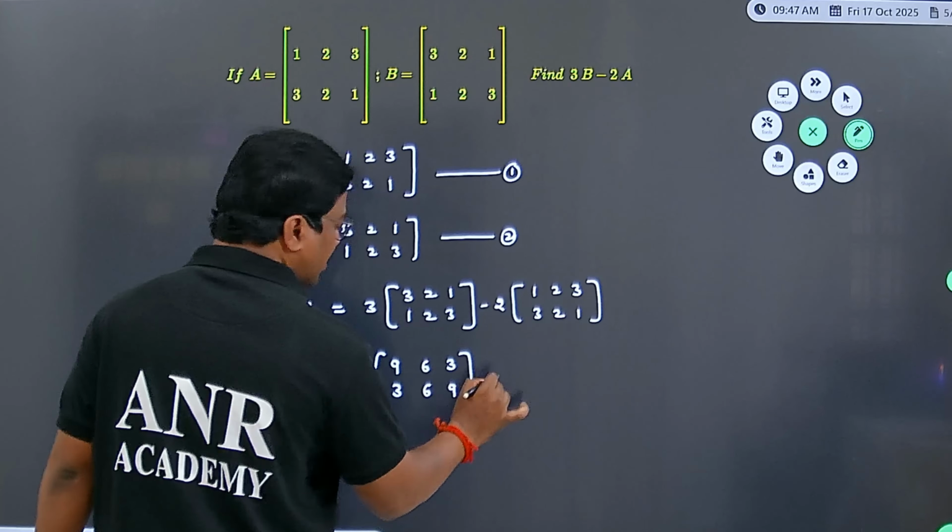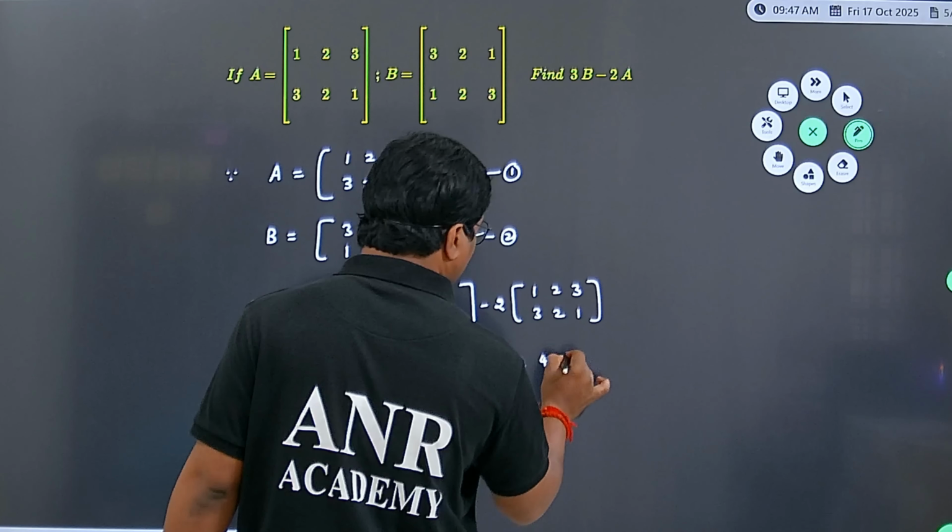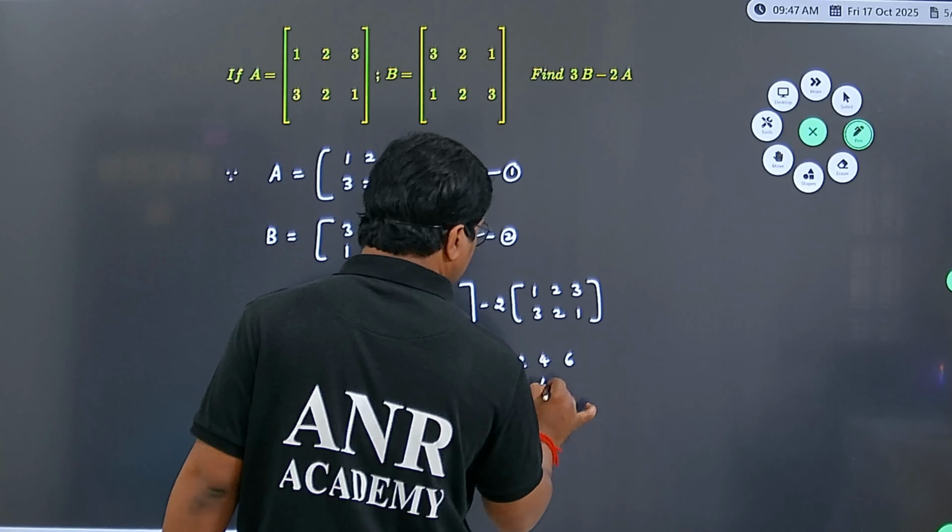Here the outside constant is multiplied with each and every entry in the matrix. Next, 2 into 1 is 2, 2 into 2 is 4, 2 into 3 is 6, here 6, 4, 2.